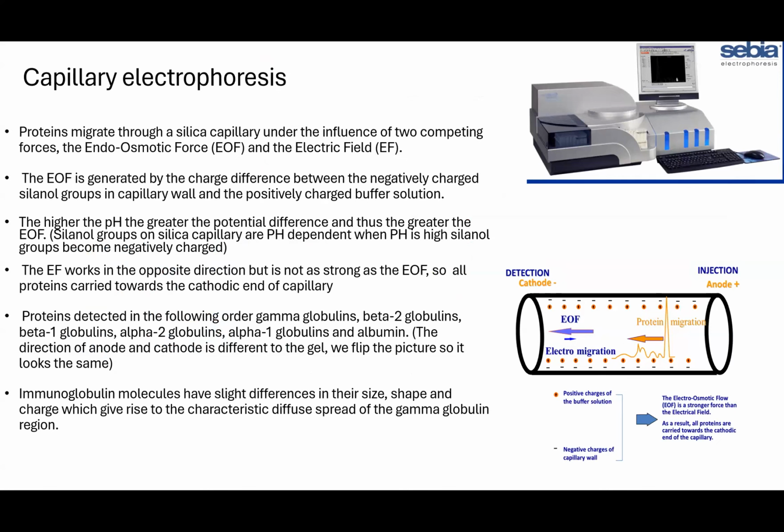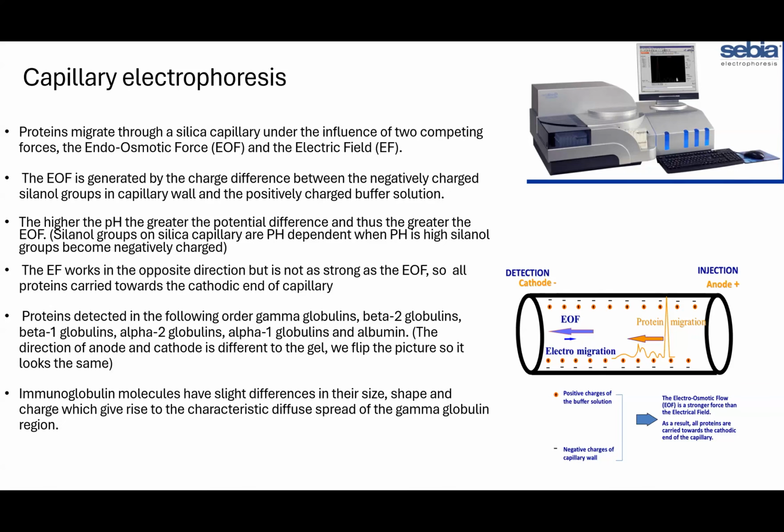So on top right, you see how capillary electrophoresis looks like. And below that, you see what's basically inside the capillary. You have the proteins that migrate through the silica capillary, and they are under the influence of two forces that are opposite each other: the electroendosmotic force, which I just talked about, and also the electric field, which we know about because we use it in electrophoresis.